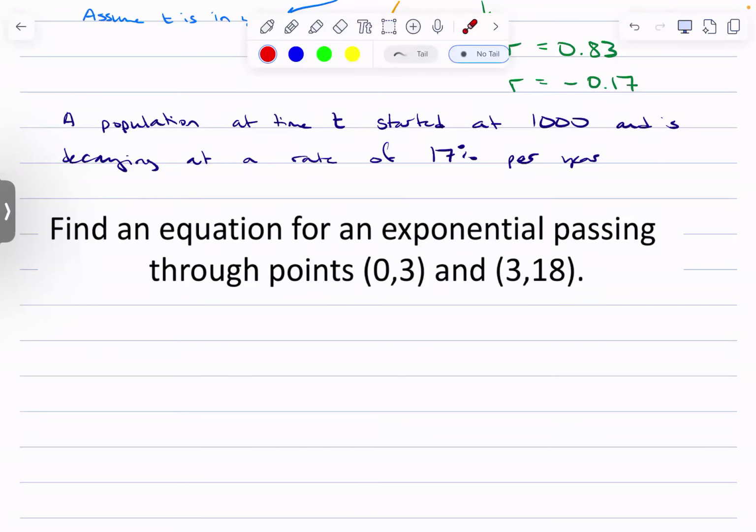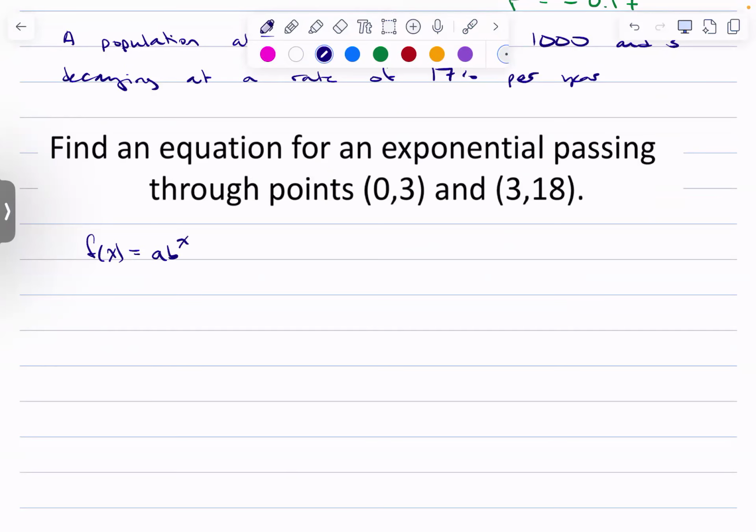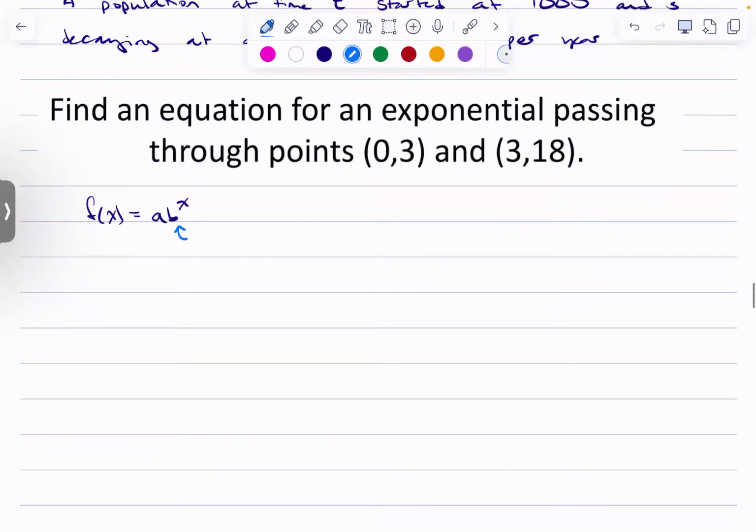So if we remember our general exponential function, f of x is a times b to the x, because there's no mention of a rate, and so it's going to be easier to work with b, instead of 1 plus r, since there's no mention of r.